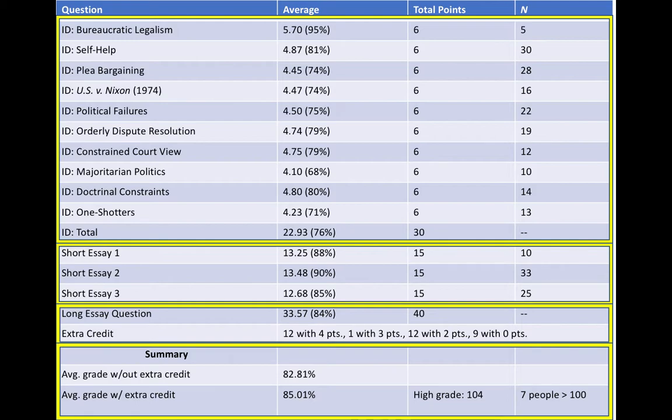So if the result for you on this exam was not quite what you wanted or what you expected, you need to change some things in anticipation of the final exam. So I'd be happy to meet with you in office hours or answer questions by email or via phone if you want to talk about your midterm exam.